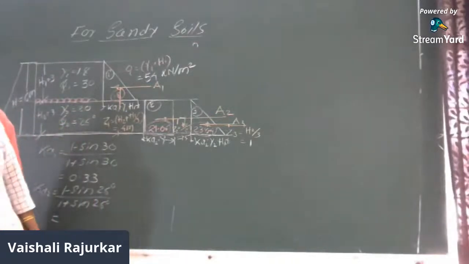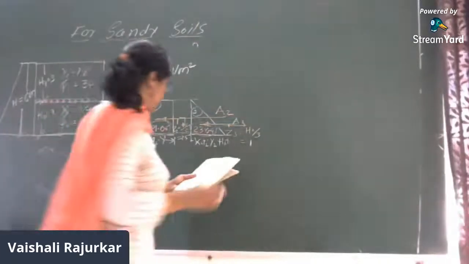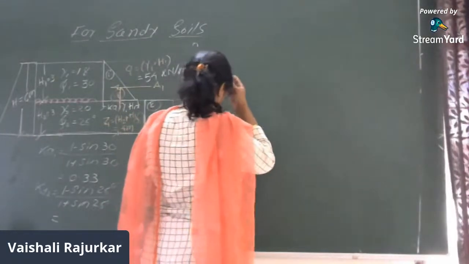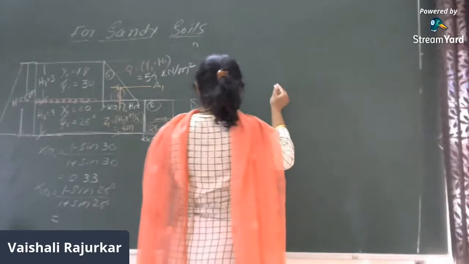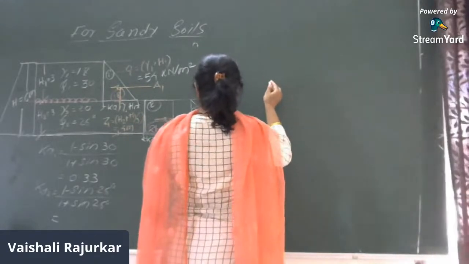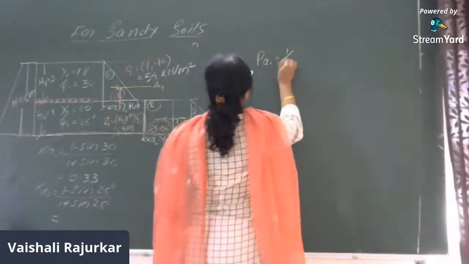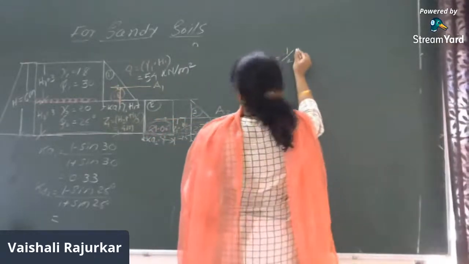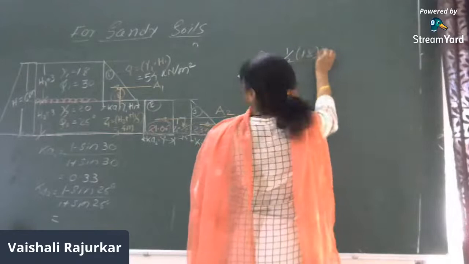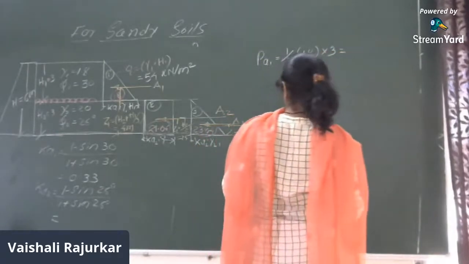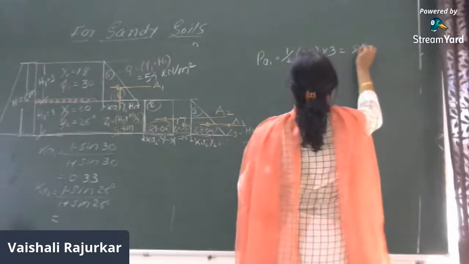So we will first calculate the area of the first distribution diagram. The total pressure PA1 is half of 18 into 3. So it will be 27.